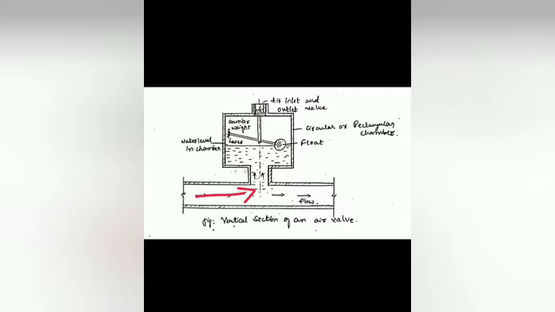Whenever an air valve is provided, water enters this way. This is an air inlet as well as outlet valve, so the extra air present gets released outside, freeing the pipe from any obstruction created by the presence of air. That is why it is suitable to be provided after the sluice valve or at the summit points.